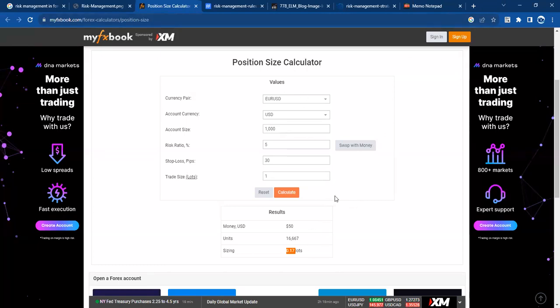It is also very important to implement your risk in terms of percentages, in terms of ratios. It is very important because it makes it very easy for you to understand how long or how many losing trades it is going to take for you to blow your account.